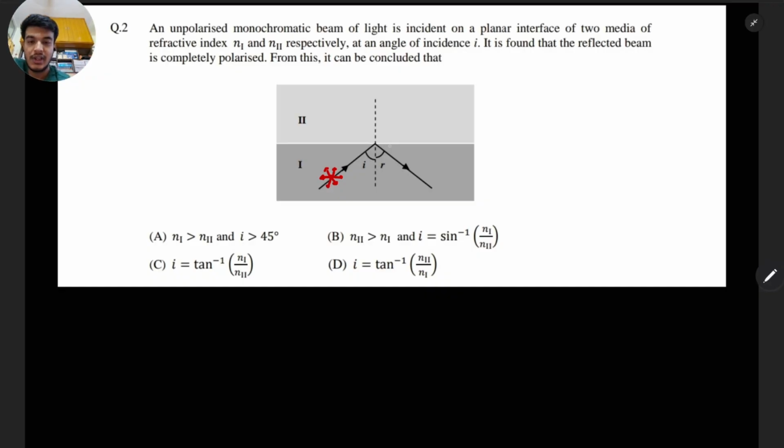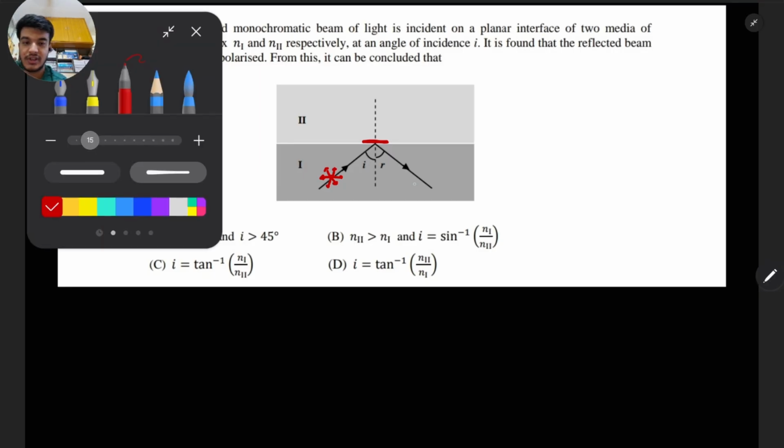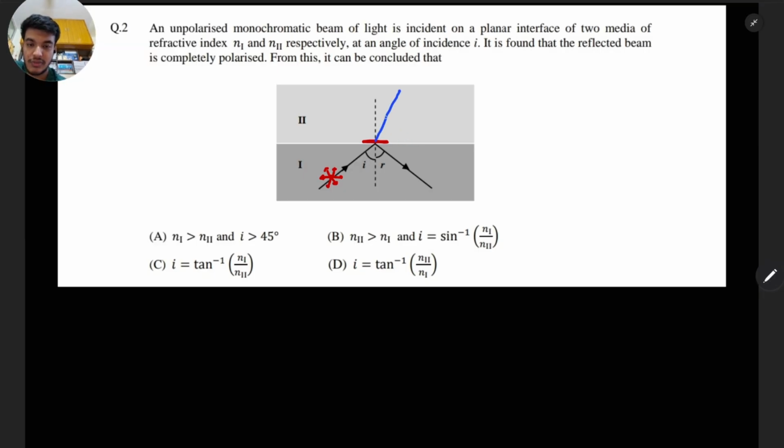Now when it hits this surface, where the medium is changing, two things happen. One is obviously the reflected ray, and also, which is not shown in the diagram, the transmitted ray which will go from here to here. Now the angle would obviously depend on whether the medium to which it is going is denser or rarer. That is a different story, but there would be a transmitted ray.